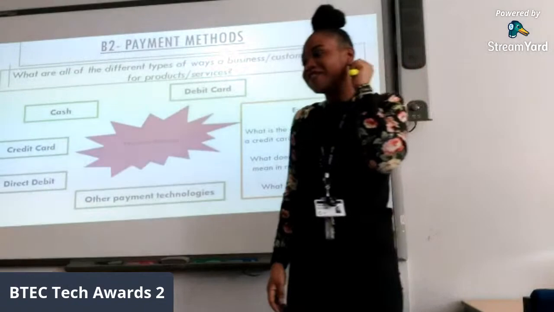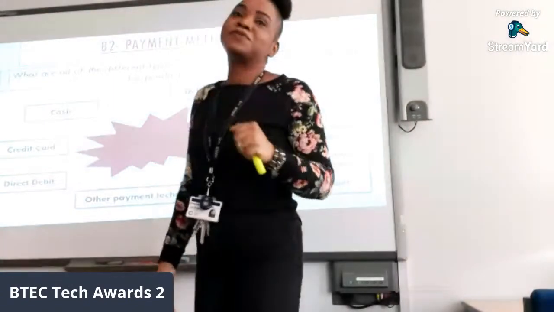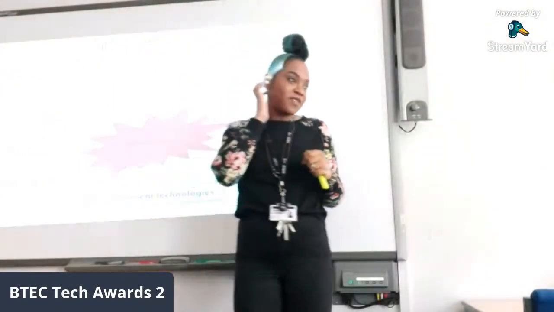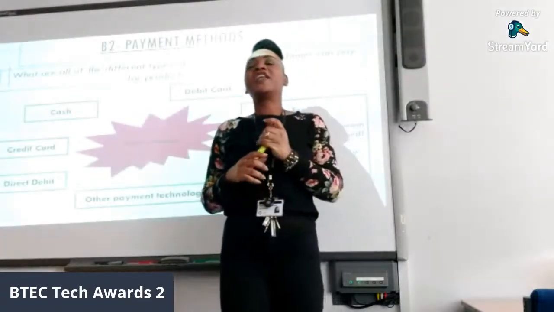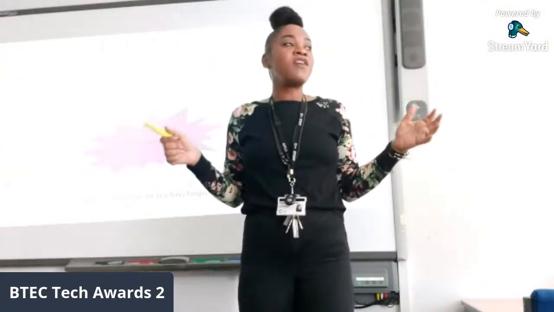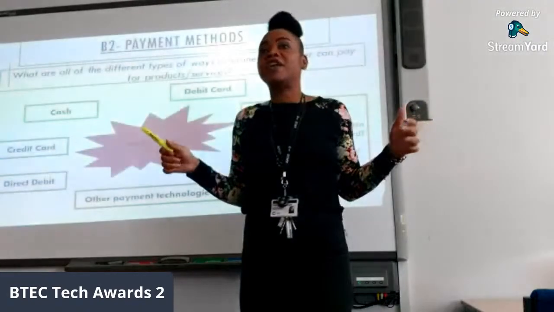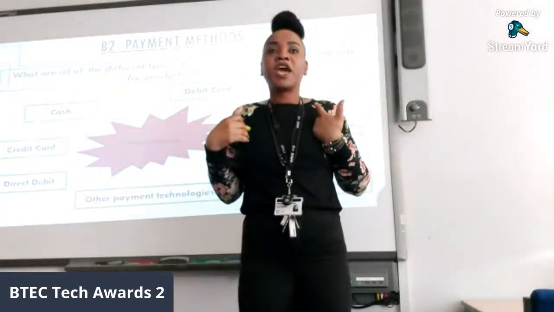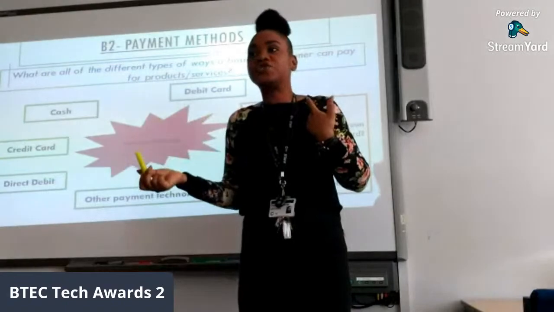Okay. So you guys don't know the difference between a debit card and a credit card. So a debit card is your own money. Whatever money you have in your debit card, it's your money. Yeah? So you can go draw cash straight from it and go pay for something without paying back to anyone because it's your money.